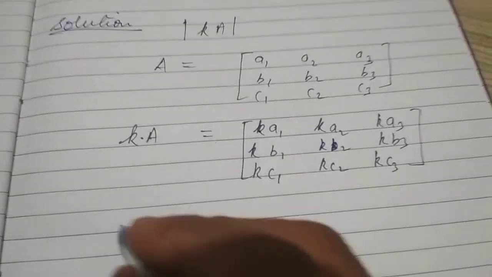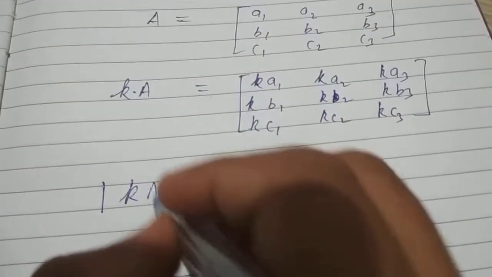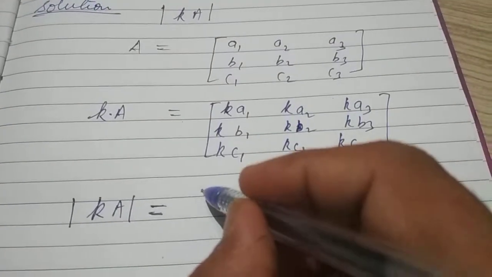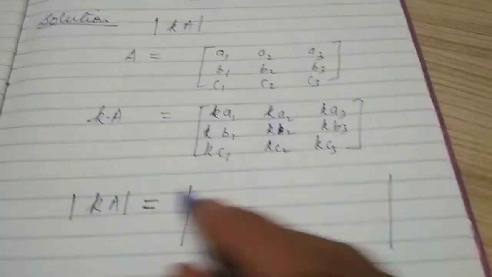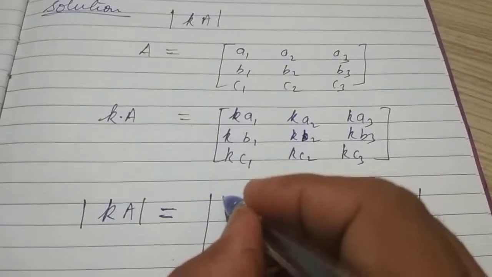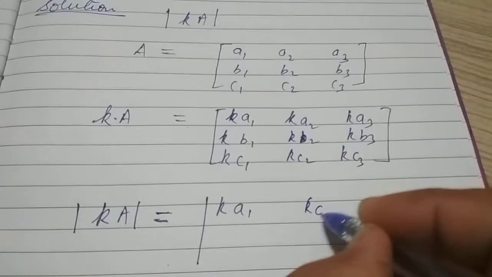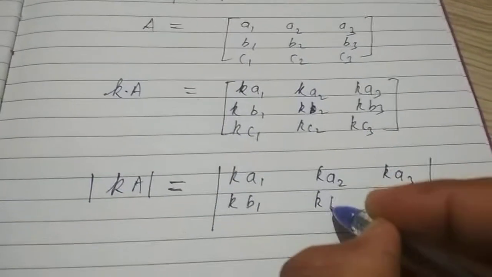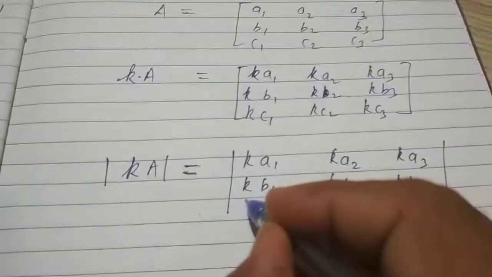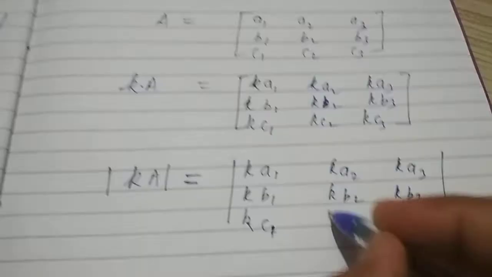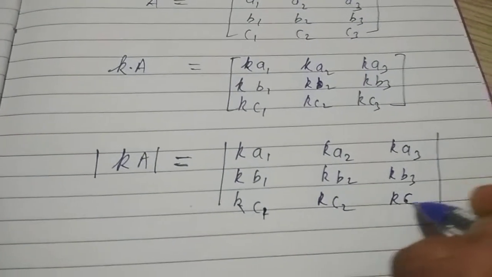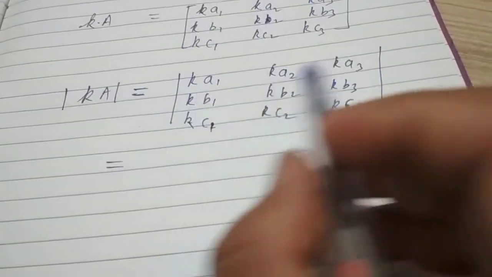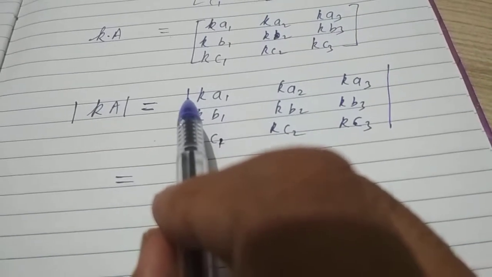Now I want the determinant of k times A, the determinant of the corresponding matrix. Replacing the matrix symbol by vertical bars, it is k times A1, k times A2, k times A3, k times B1, k times B2, k times B3, k times C1, k times C2, k times C3. We have studied in determinants that we can take out common factors.